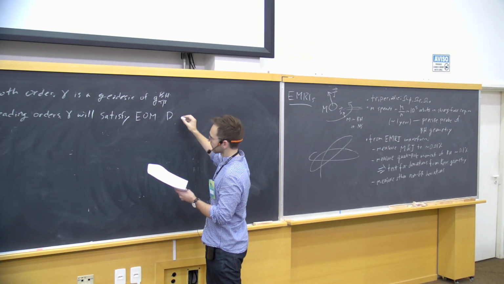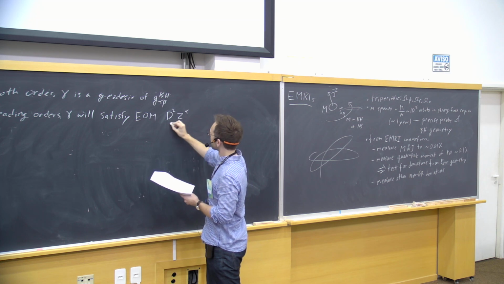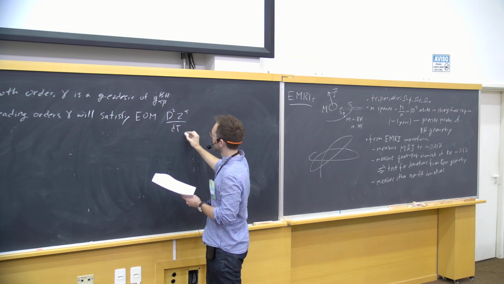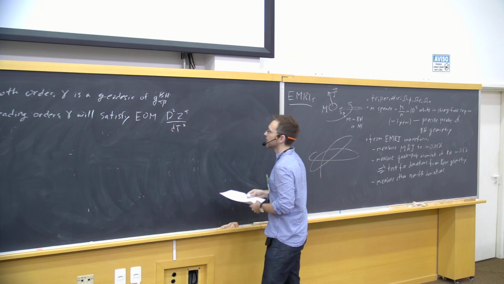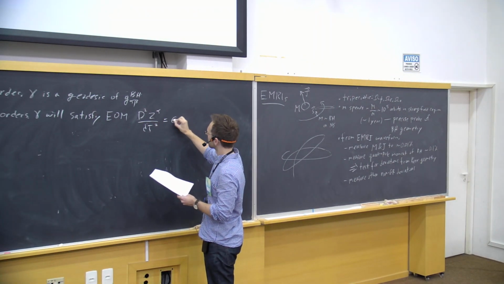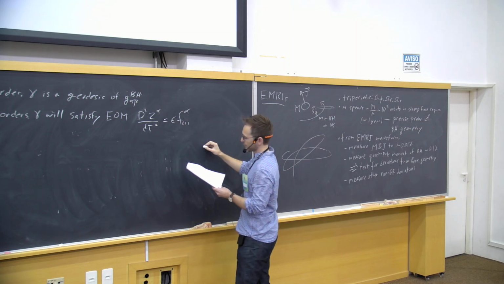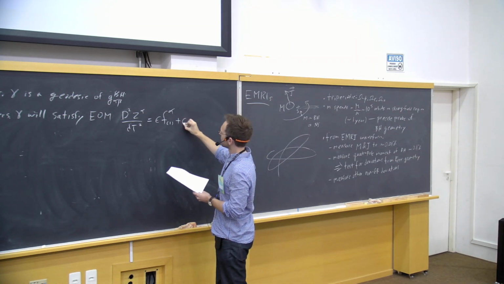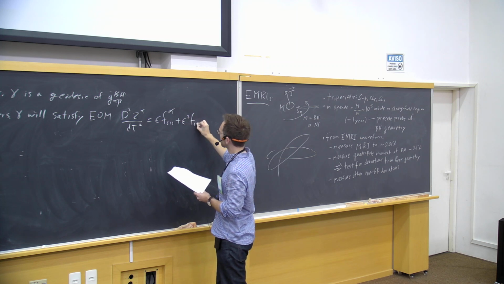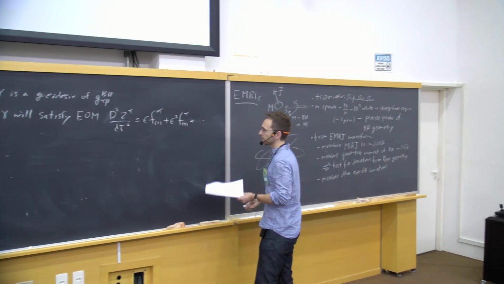Which I'll write as covariant derivative of Z alpha with respect to proper time is equal to some first order term plus some second order term, and so on to higher orders.